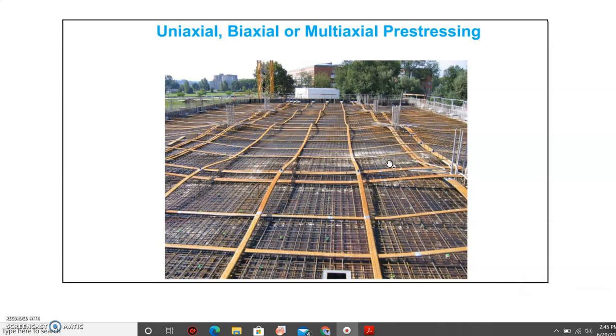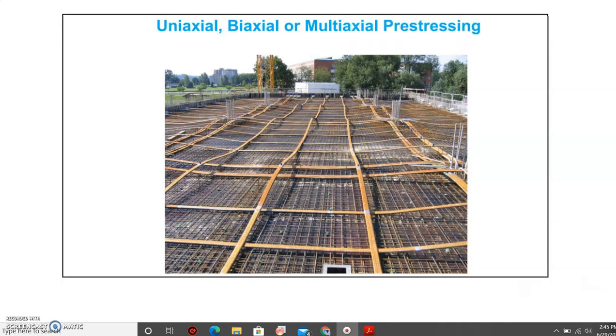In the slab provided at the bottom of a circular water tank, okay, for the pre-stressing of the slab of this circular water tank, multi-axial pre-stressing is adopted.